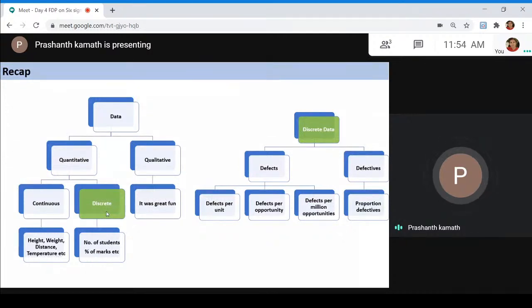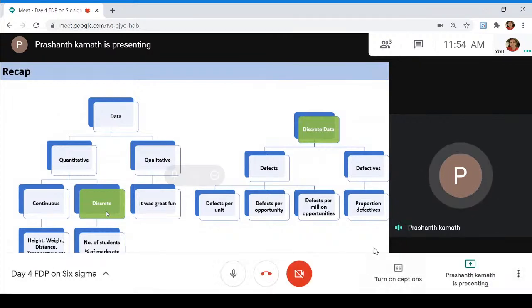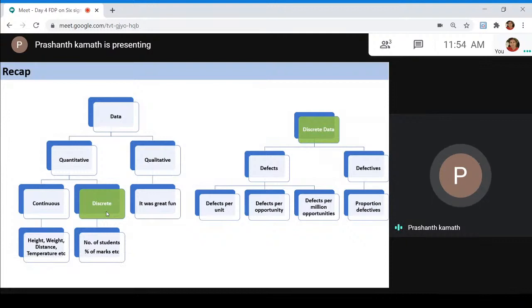It's all about data. I hope I have made these concepts clear for you guys to understand.